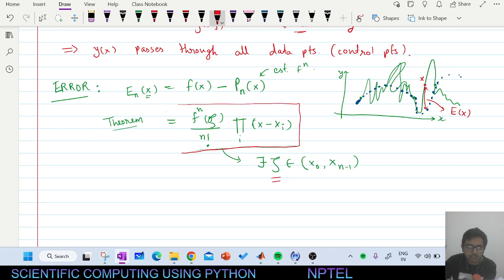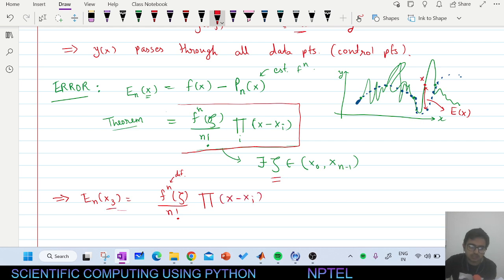And again, you can do the same thing. This is interesting. What if you write x as some x3? Then it is going to be f^(n), the nth differential at some value zeta, divided by n factorial, and then the product over all x minus xi.